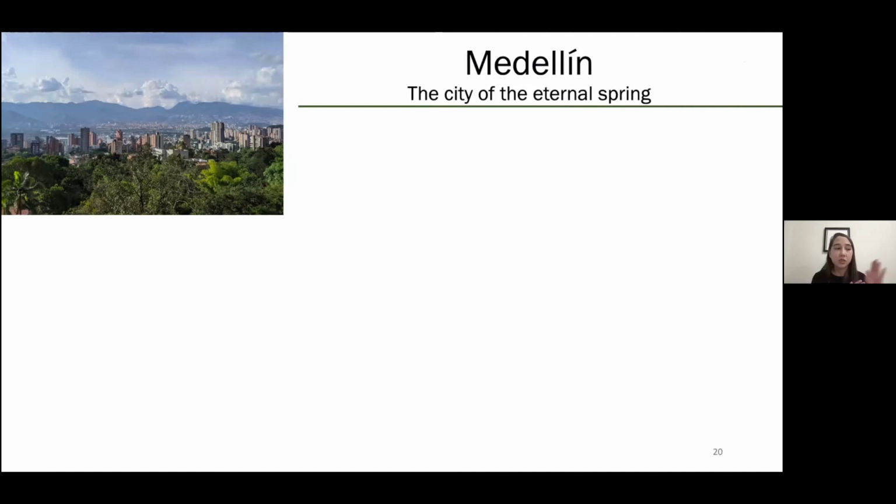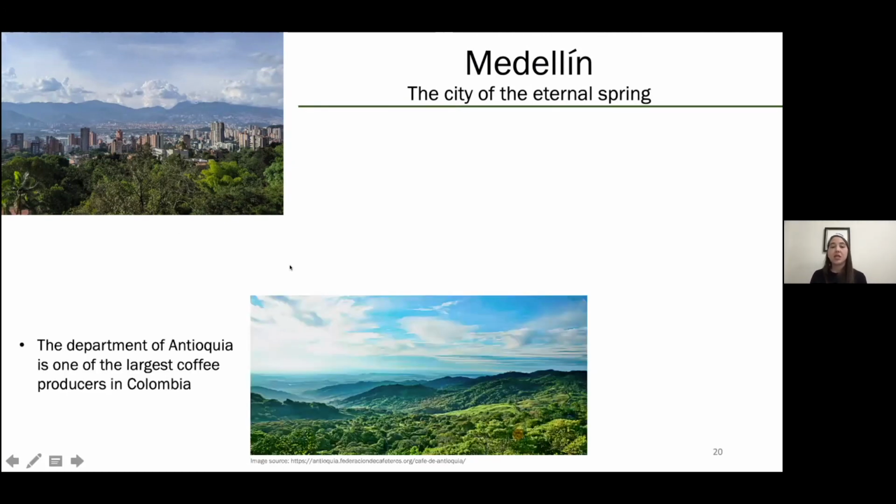And if you're in Wisconsin right now or anywhere where you have winter, you can definitely appreciate that. We live in a valley, so we are surrounded by mountains all over. A lot of people know that Colombia is famous for its coffee, and Antioquia, which is the department where Medellin is, is one of the largest coffee producers in Colombia. You can see in this picture our beautiful mountain ranges.